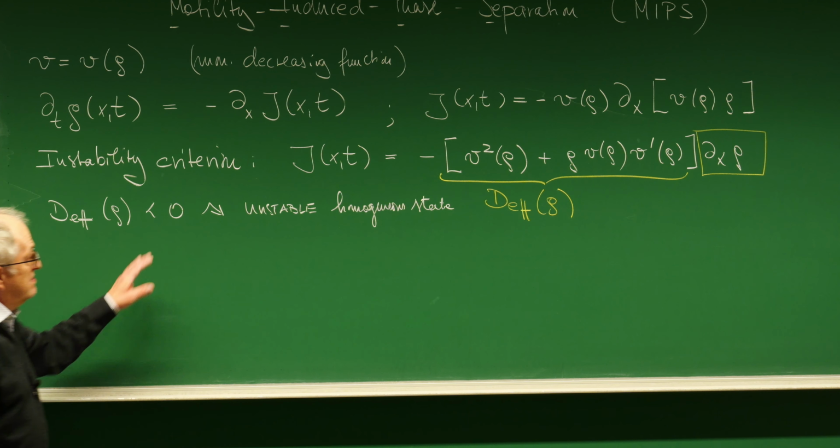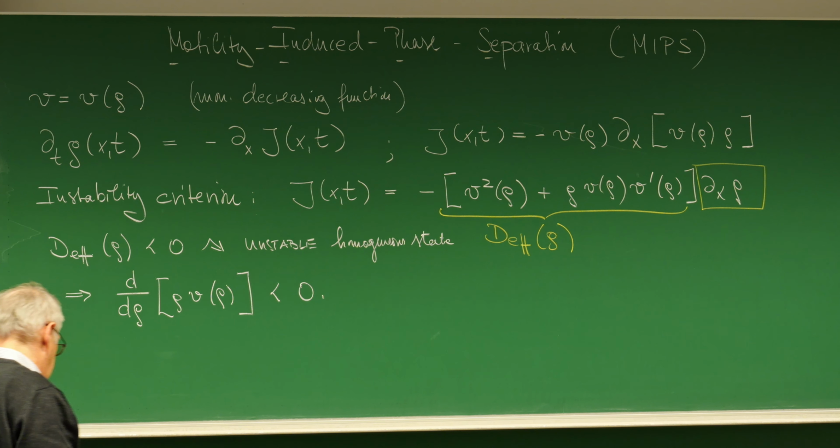But if you look at this condition here, this means that the derivative with respect to rho of rho times v of rho is smaller than 0.